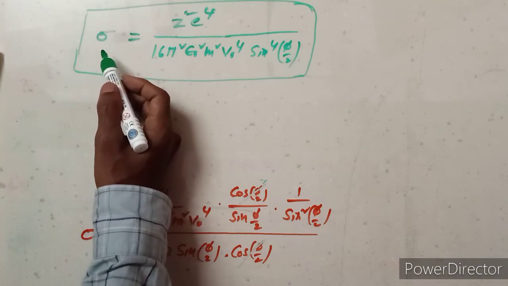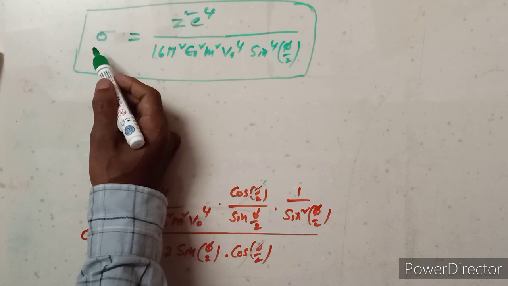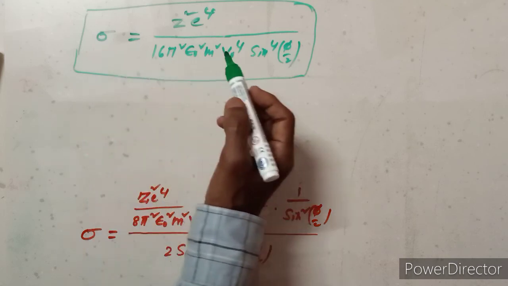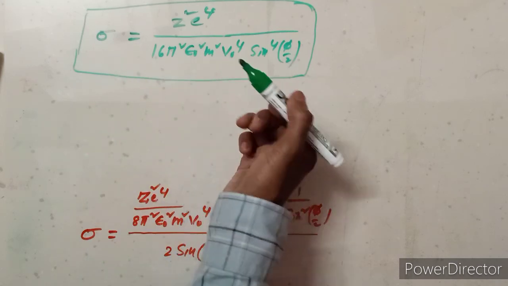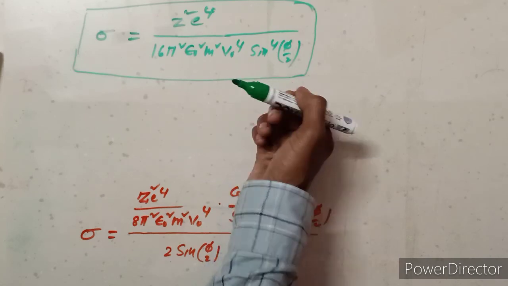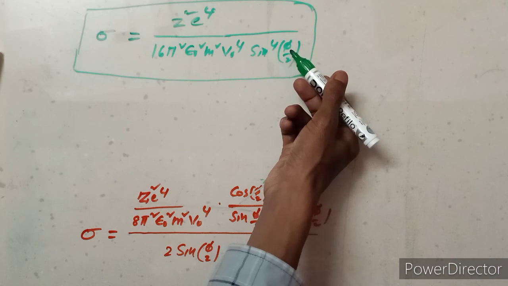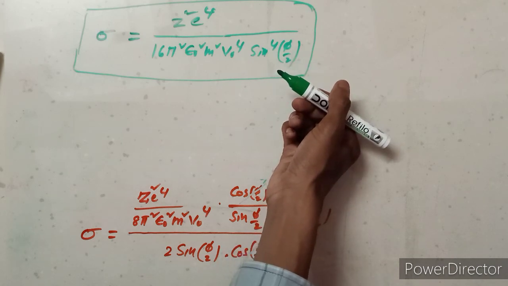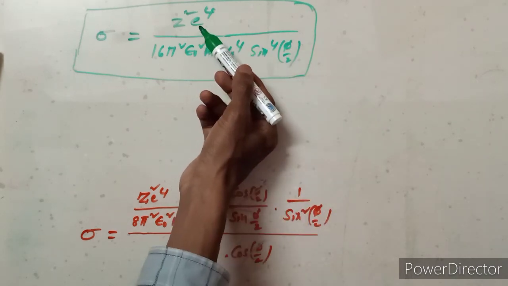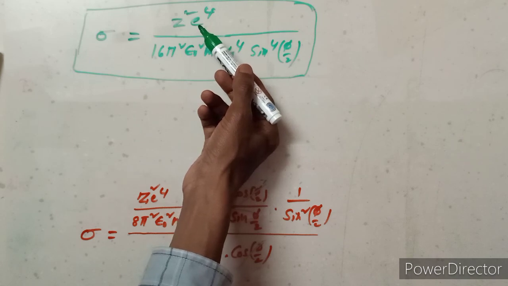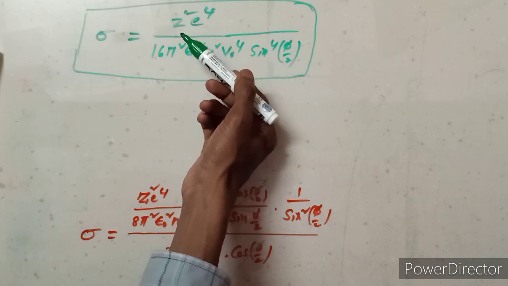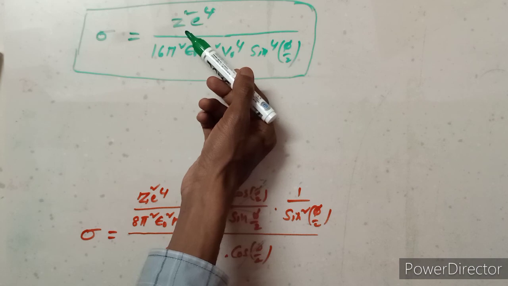The scattering cross section depends upon the mass of the alpha particle, the velocity of the alpha particle, the sine function of the angle, and also the charge of both the alpha particle and the gold nucleus.